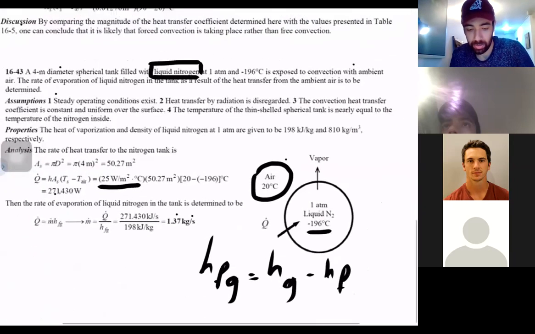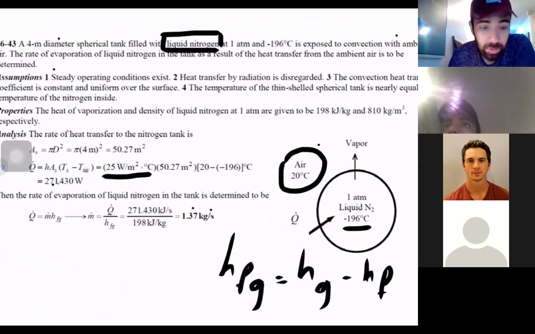And for the temperature difference term, we can use the surface temperature of the tank.